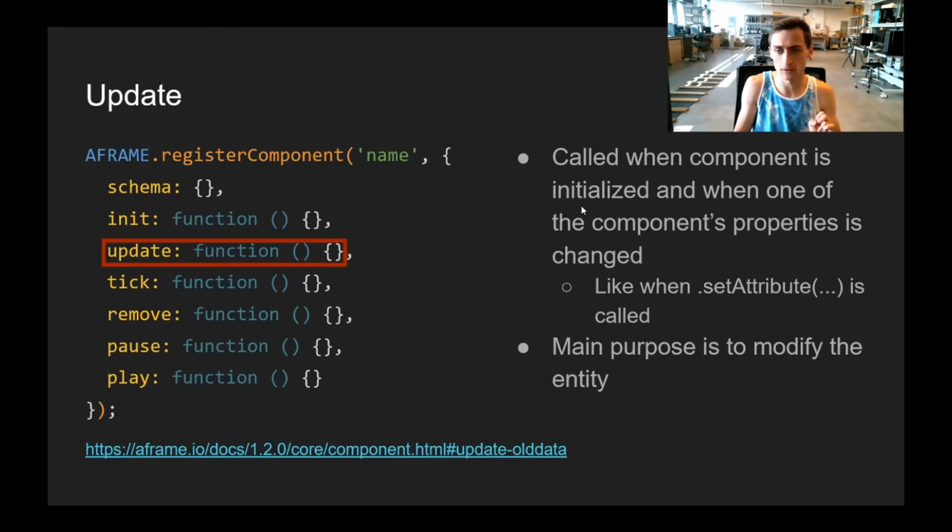The code in the update function will then get called. An example of changing a component is using the .set attribute. So that's one example of how to change a component. And again, the main purpose of this is just to modify the entity or the component in some way.